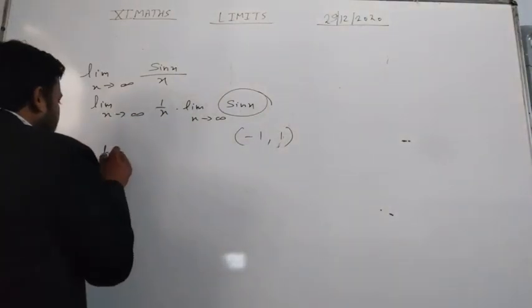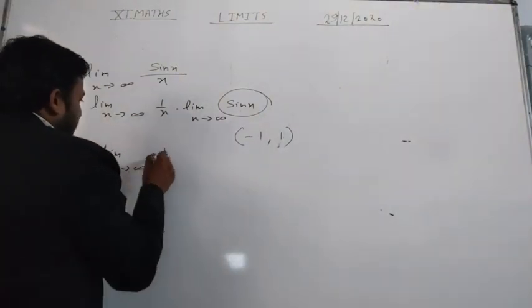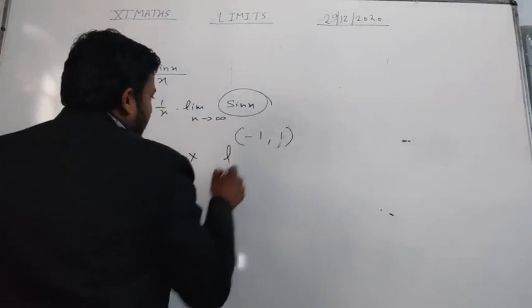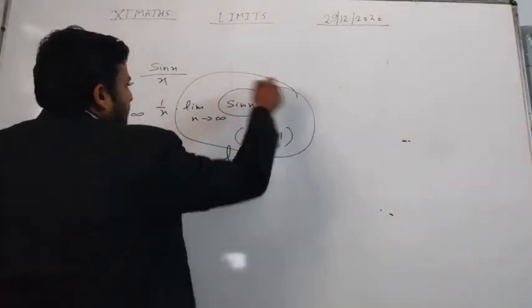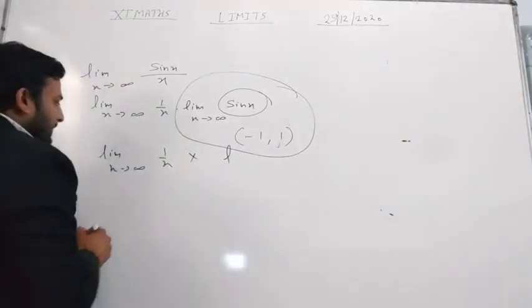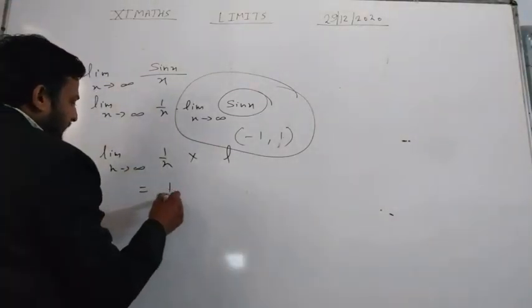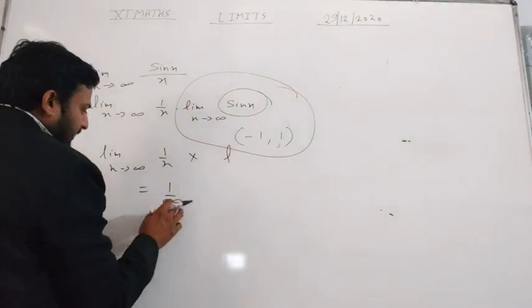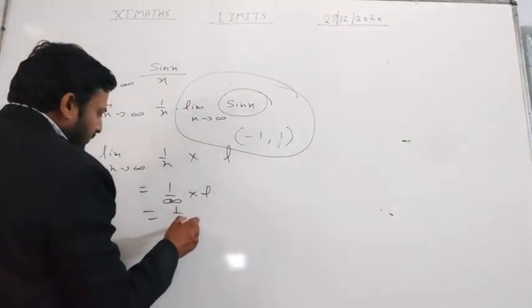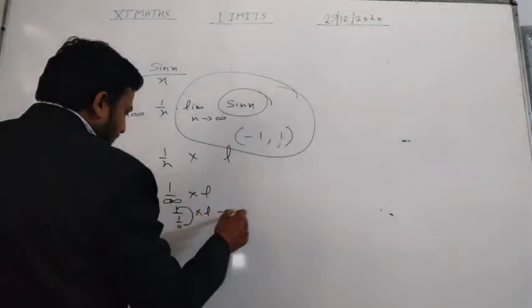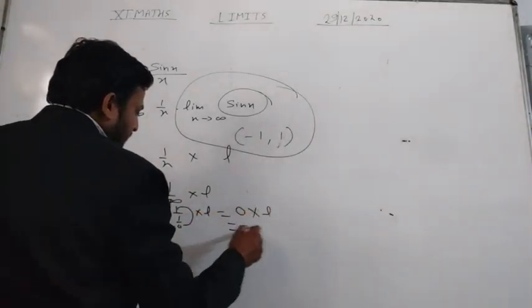So we write limit x tends to infinite 1 by x, and this other term is some finite limit L. You can write L in place of this whole term, and here we are putting the limit. We get 1 by infinite, so this term will be 0, and we write 0 into L, which is 0.